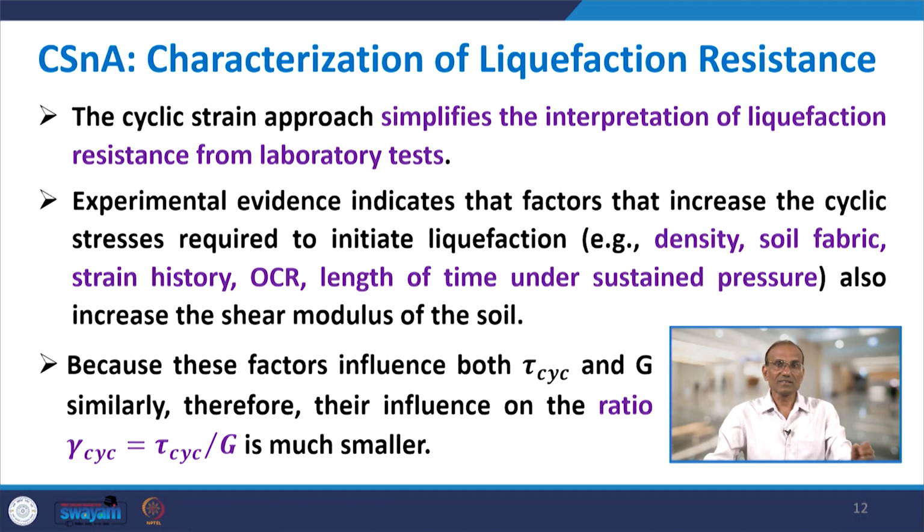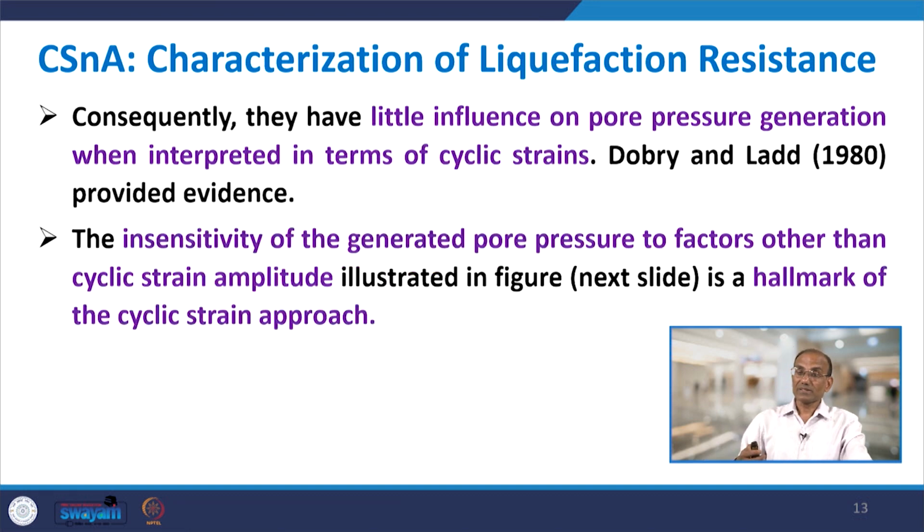As a result, the ratio of these two, tau cyclic divided by G, which is nothing but gamma cyclic, is much less affected by these factors. So the cyclic shear strain is not much influenced by them. These factors have little influence on pore pressure generation when interpreted in terms of cyclic strain, and Dobry and Ladd have provided evidence for that.